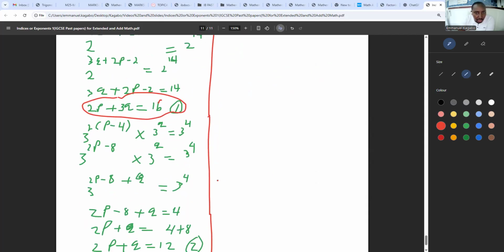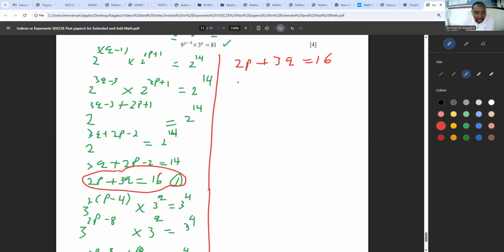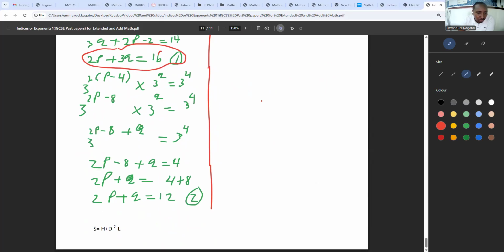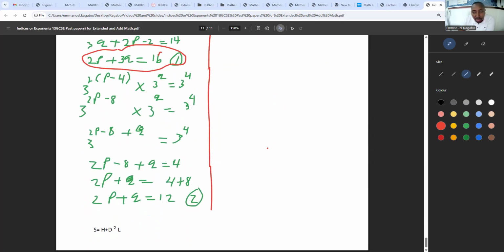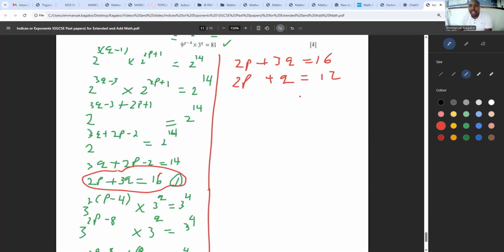Then second equation is 2p plus q equals to 12, right? Are we together? Very good. Now, what do we do? How do you solve simultaneous equations? Now, I can solve this one with elimination method, with substitution method, with graphical method, or if you have a GDC for IBDP students, you can also solve that one, okay? But let me go with the elimination.